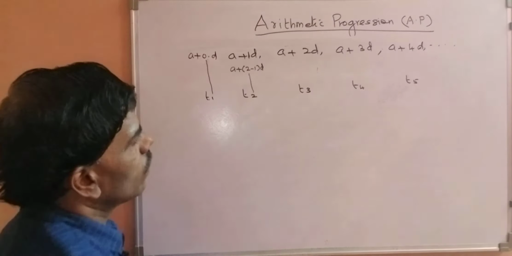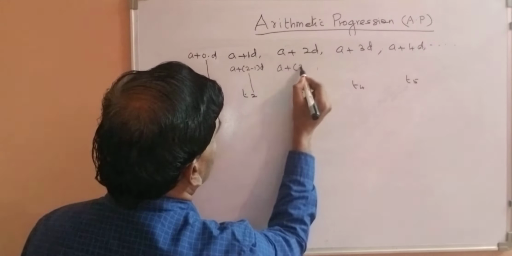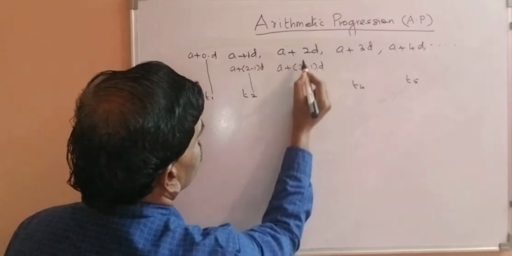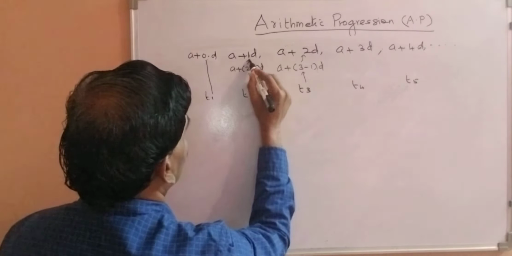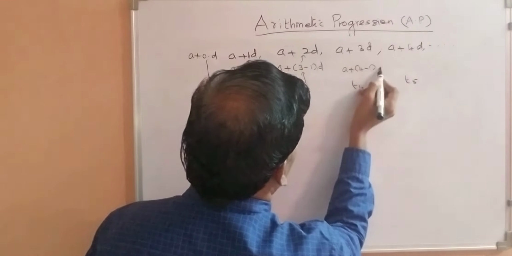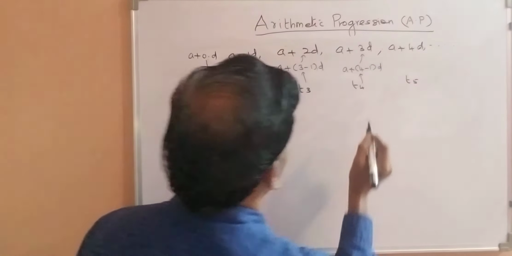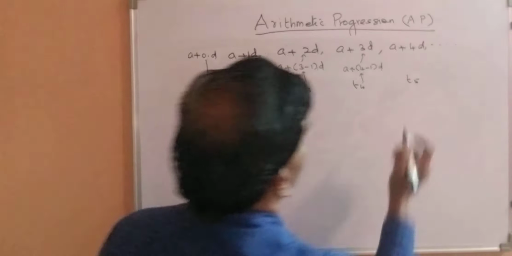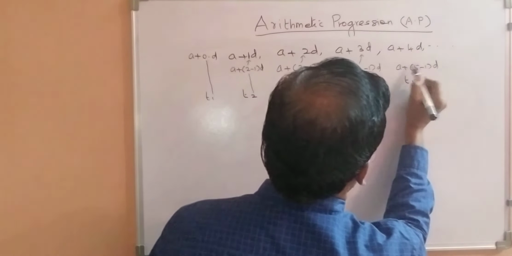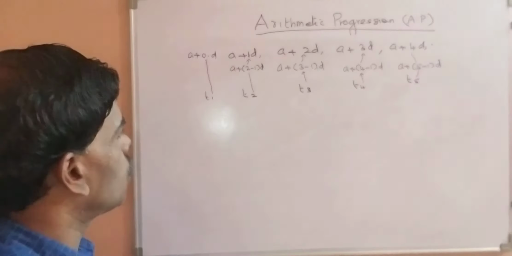Here T3 means what is here? A plus 3 minus 1 into D. Now here A plus 4 minus 1 into D. Here A plus 5 minus 1 into D. Look at this.